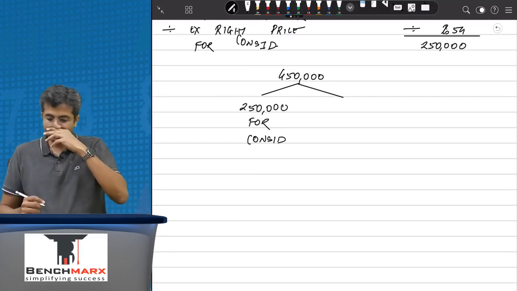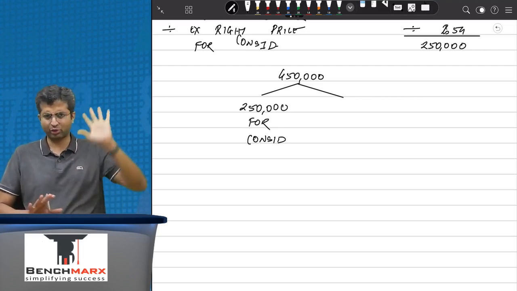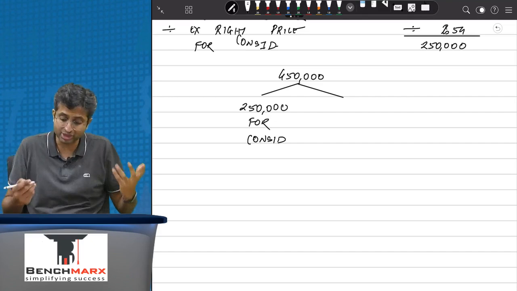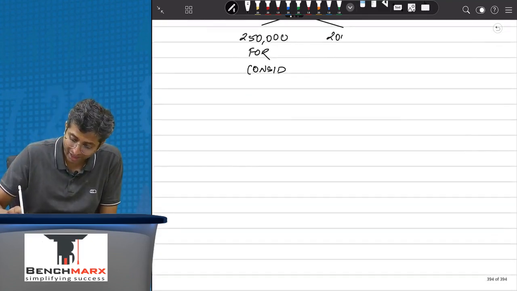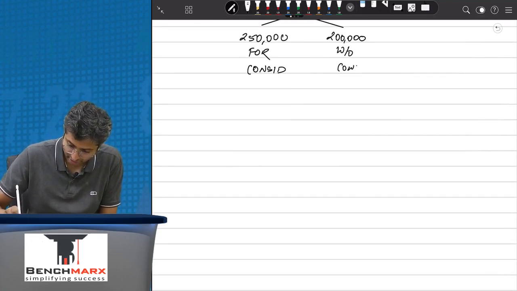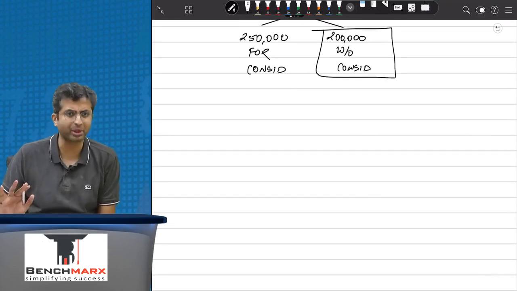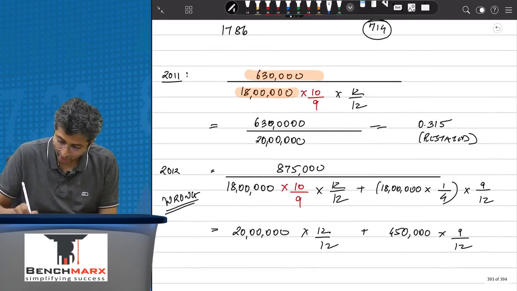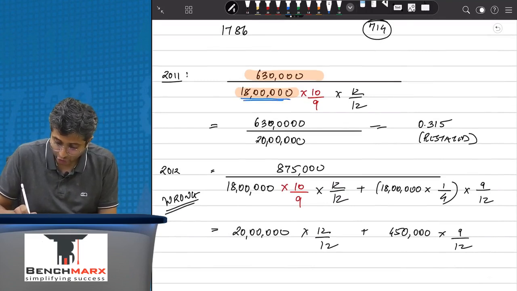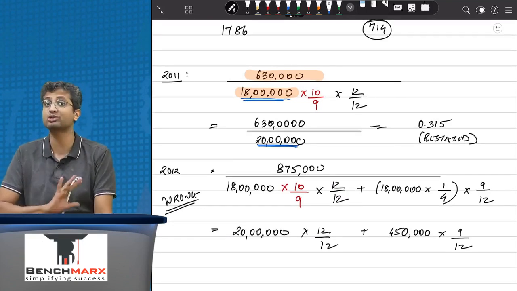Even if I had issued only 2,50,000 shares at 54, which would have been the price had there been no rights issue, I would still have been able to raise 1 crore 35, which means the remaining 2 lakh shares are bonus shares which are issued without consideration. Acha. So these 2 lakh shares have to be retrospectively adjusted, which you have in the year 2011 when your shares were 18 lakhs. You took 20 lakhs and hence you retrospectively adjusted the 2 lakhs. Perfect. There is no double counting.